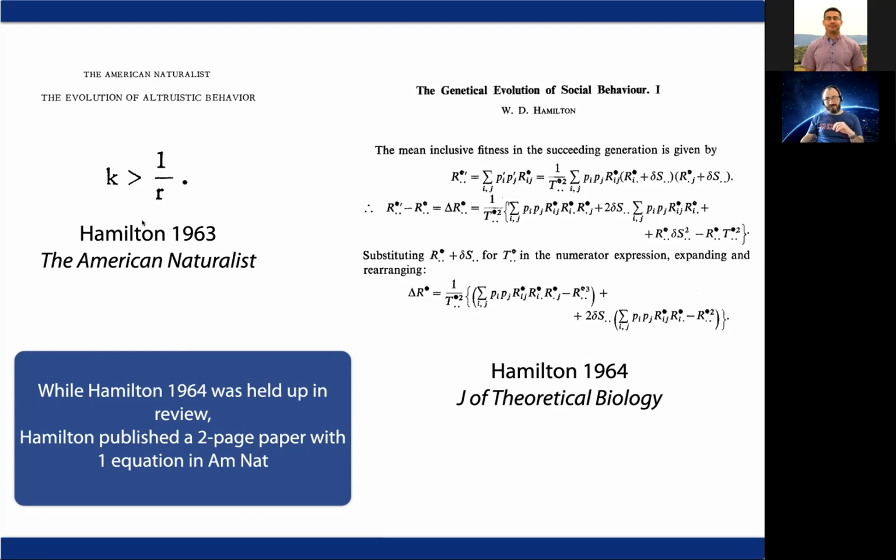When he published the AMNAT paper, he already had all these results written down. This paper was being held up in review, and there was a reviewer, who turned out to be Maynard Smith, who wanted him to split it into two and do a bunch of other stuff. Hamilton was a little bit frustrated, I think, and went ahead and published the core of his argument in AMNAT in one page, without any of the mathematical details.